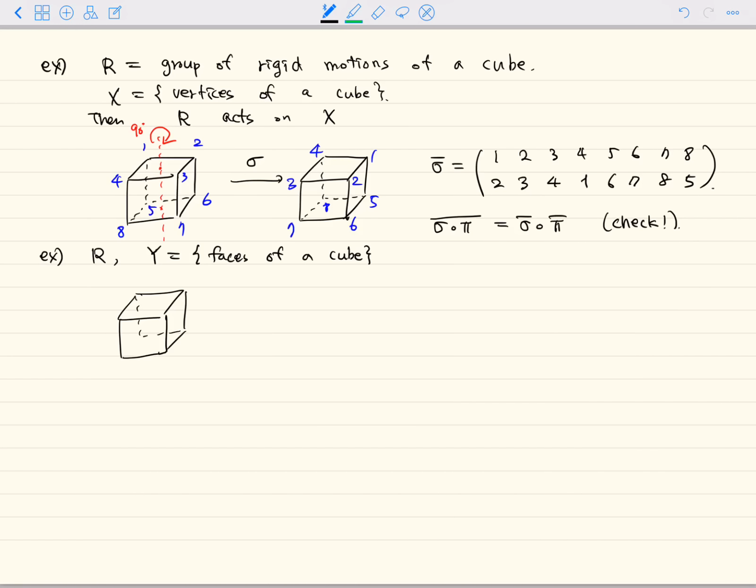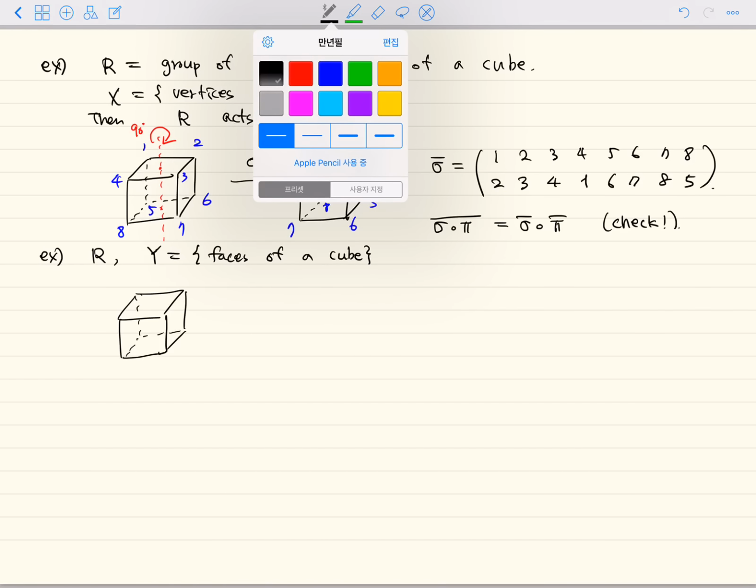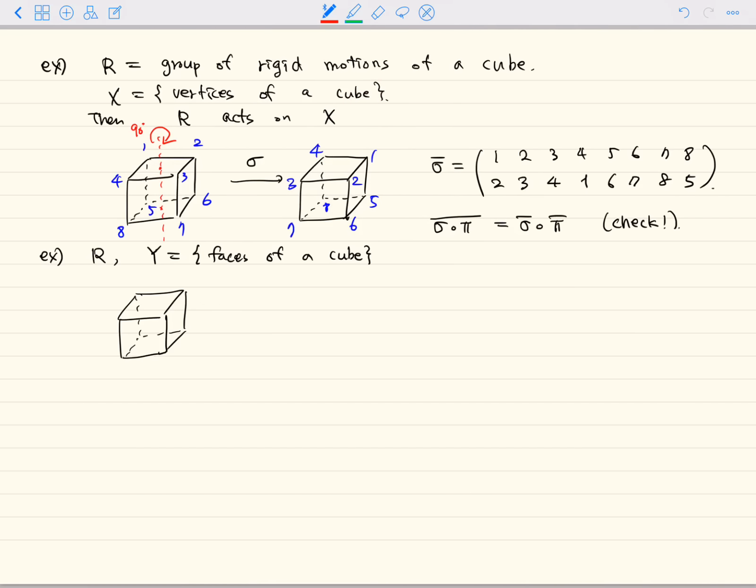Let me label the faces using alphabets A, B, C, and then here say D, the bottom, E at the back, F, let's say.